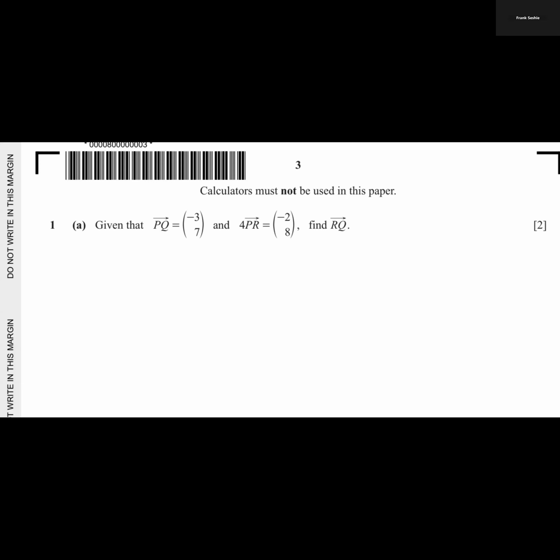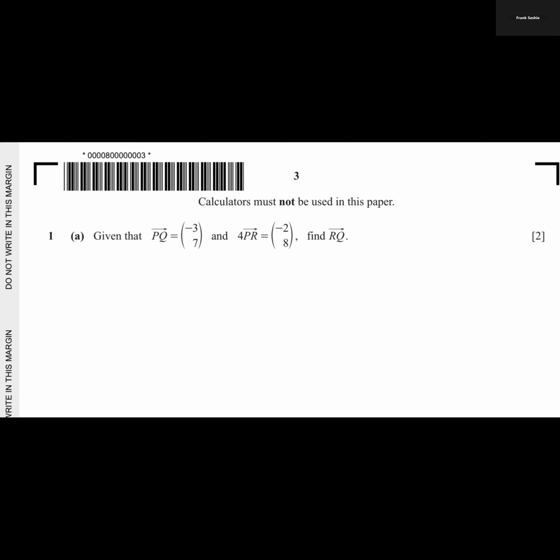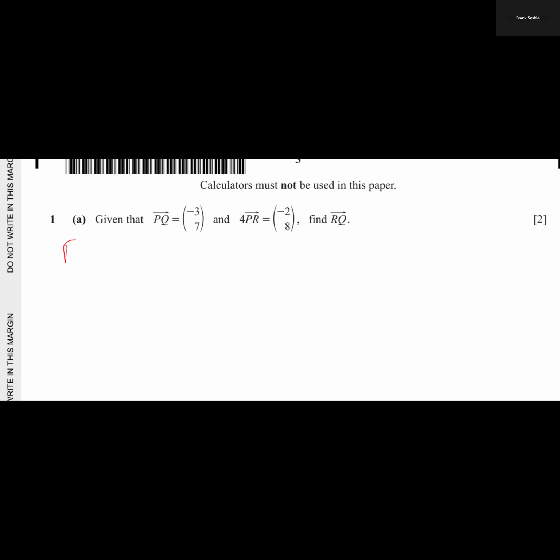So if PR is negative 8, we can say that PR is 1/4 times negative 2, then 1/4 times 8. Okay, so that's going to be negative 0.5 and then 2.